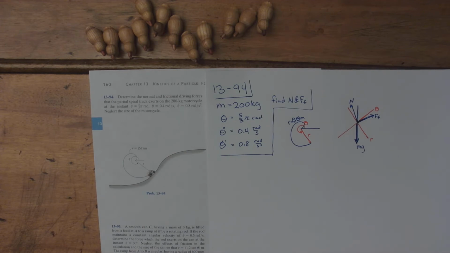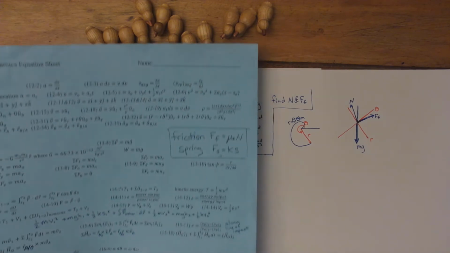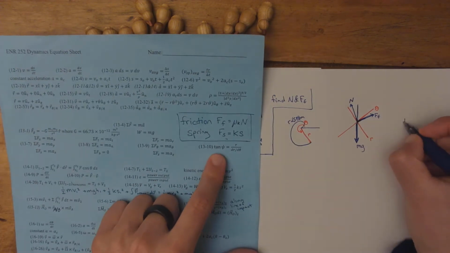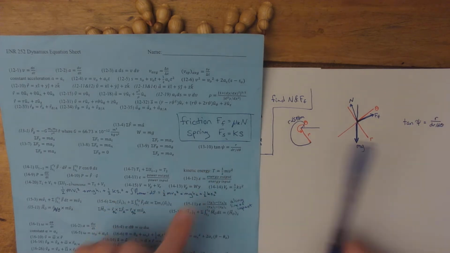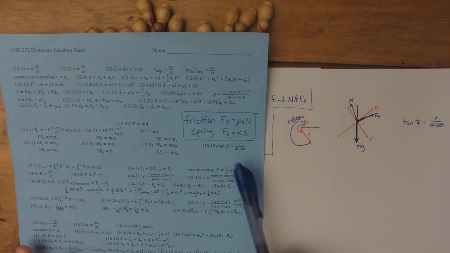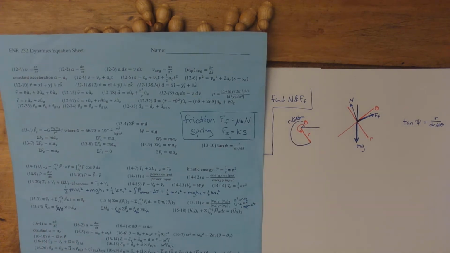Okay, so now I get to use this equation, which we saw in the introduction, and we haven't used yet. So this is the tangent of psi is equal to r divided by dr d theta. We have r as a function of theta here. This angle psi is the angle between the extended radial line and the tangent line. And along the tangent line, we have the frictional force.